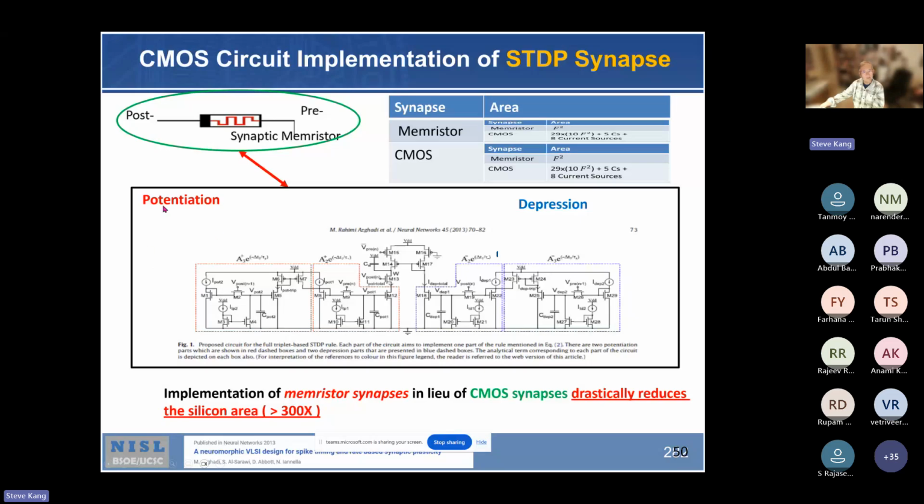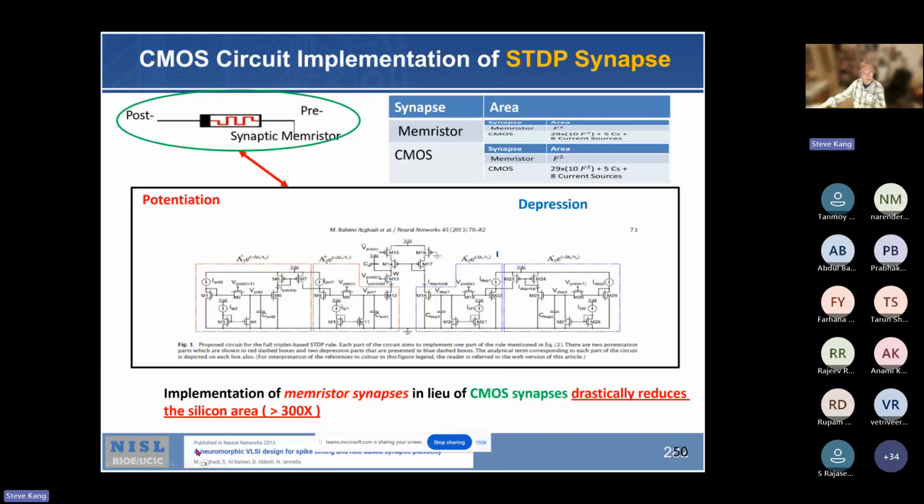So potentiation is a positive change. Depression is a negative change. So to realize both functions, let's say potentiation is this circuit, depression is this circuit, and this is an additional circuit here.